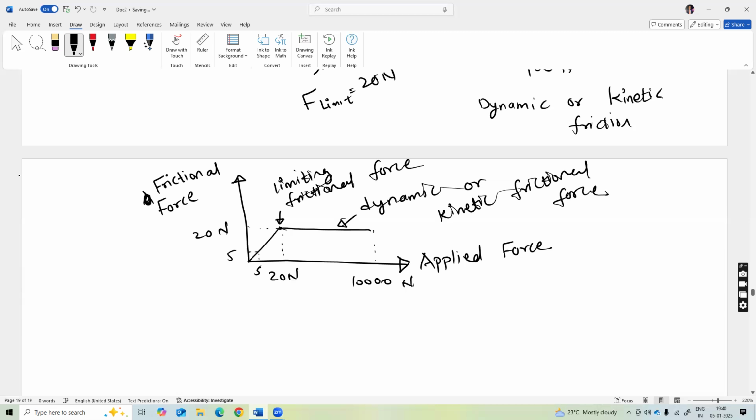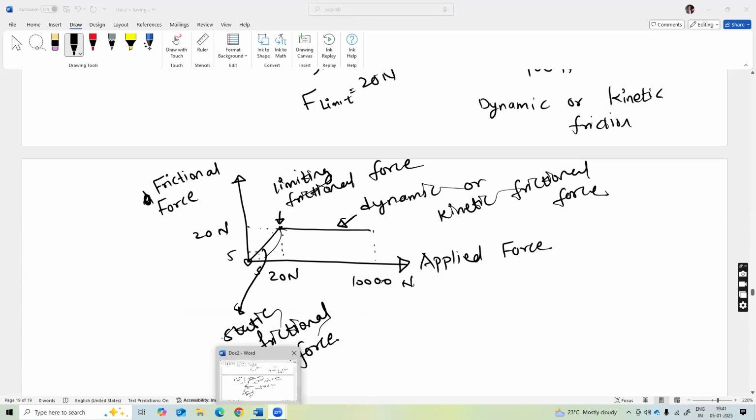And from the origin to this point, it was static frictional force.